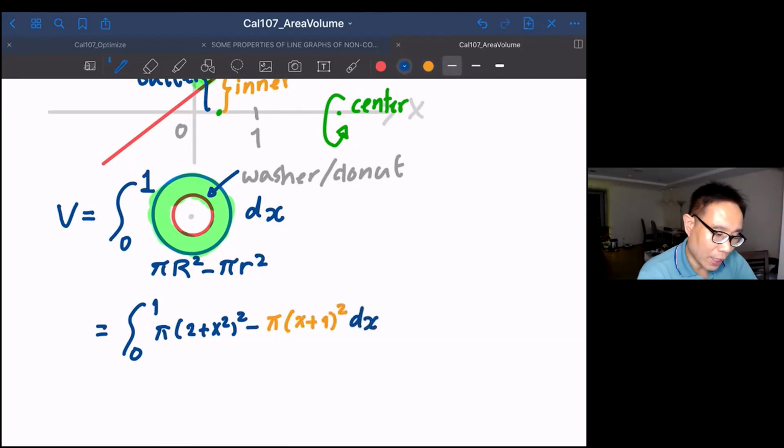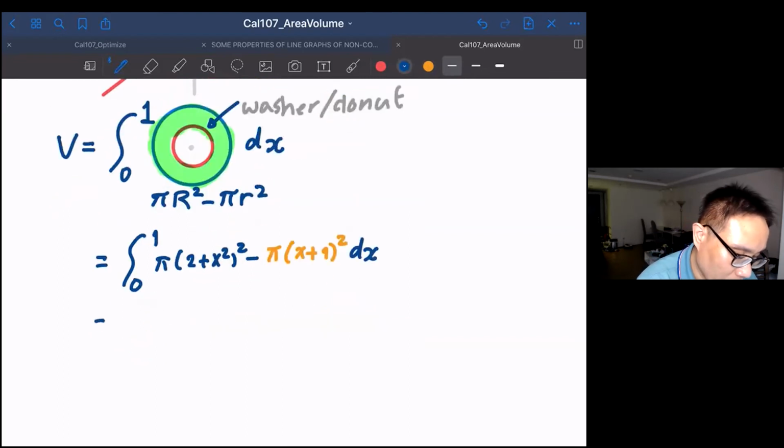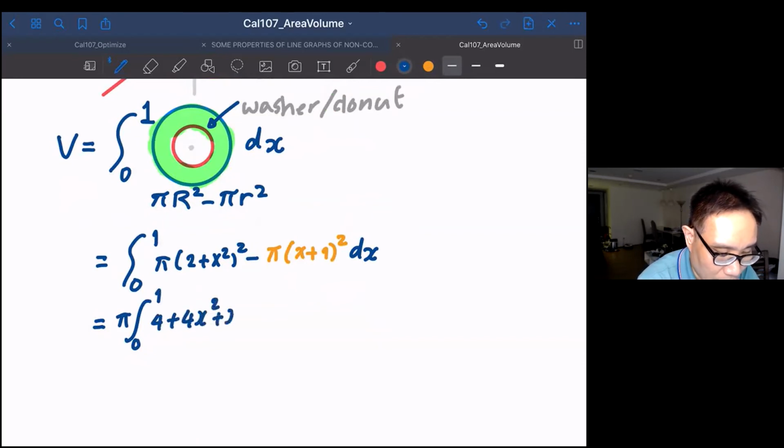Okay, and if you want to find the volume, it's going to be pi integrate 0 to 1 of 4 plus 4x squared plus x to the 4th minus x squared plus 2x plus 1 dx.